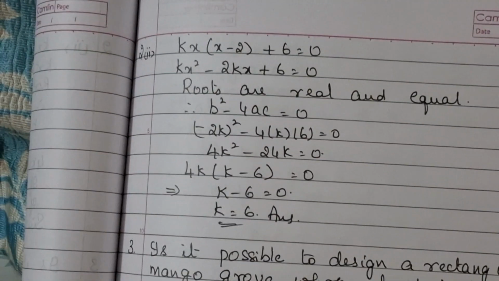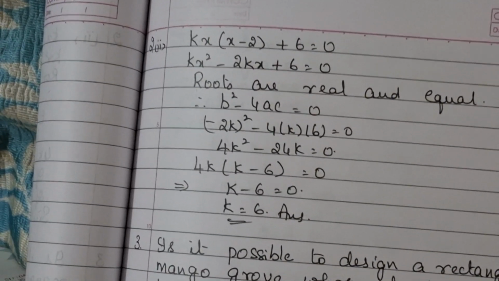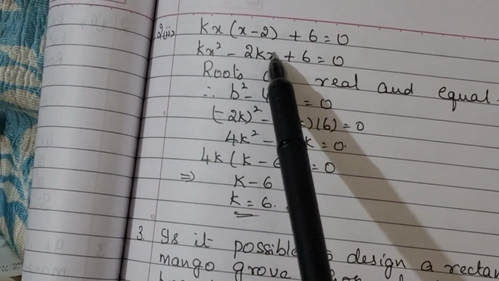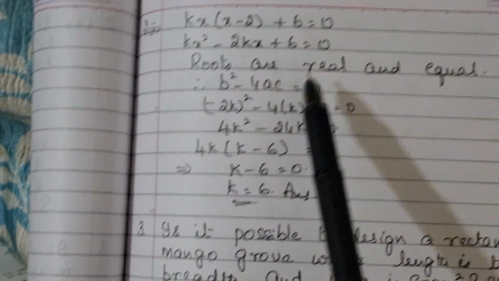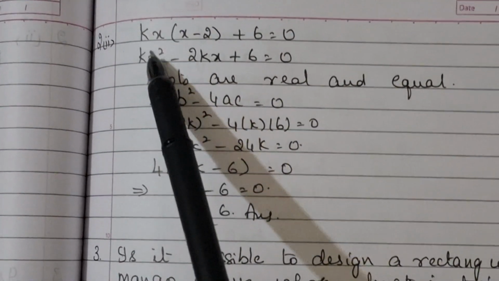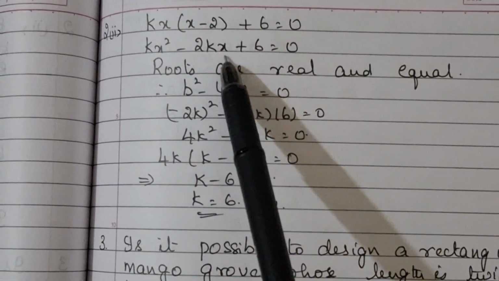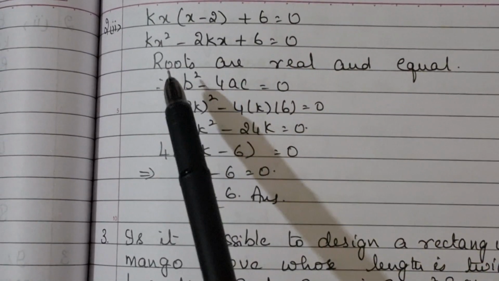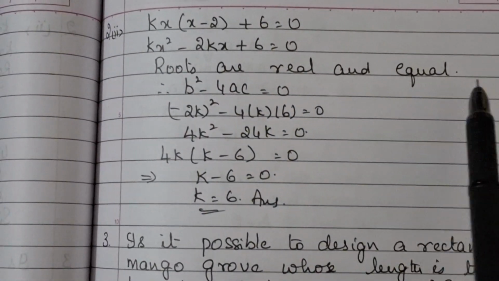Now second problem, second bit: kx(x − 2) + 6 = 0. That means kx² − kx into 2, so −2kx + 6 = 0. Roots are real and equal, they said.